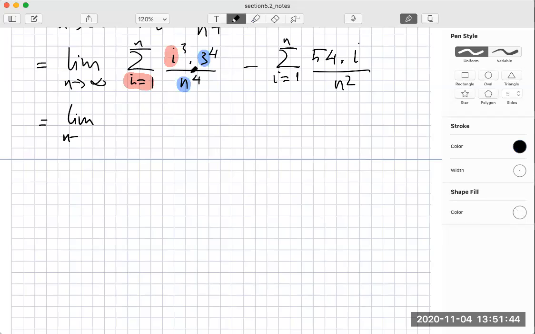Therefore, we can write 3 to the 4th divided by n to the 4th, multiply with the sum from I is equal to 1 to n of I cube. Minus, similar story, 54 is a number. N is a fixed number in this case, and n squared should be a constant with respect to the sigma sign here.